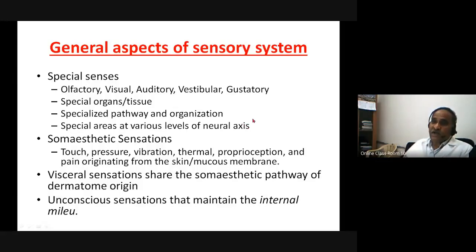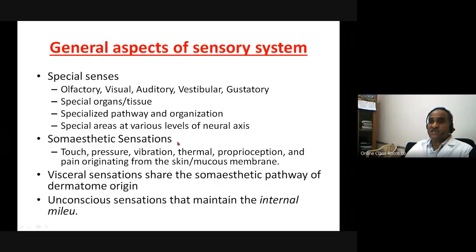Now, even in the brain, the auditory system is in the temporal cortex. The visual system is in the occipital cortex. Olfactory is associated with the limbic system, the olfactory cortex. Gustatory shares the parietal cortex along with the somesthetic area. Then what are somesthetic sensations?